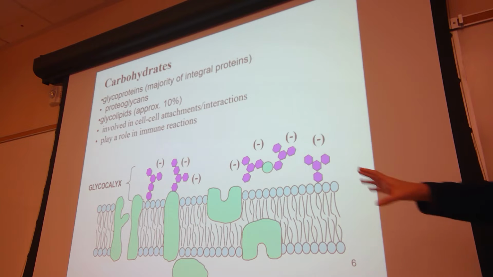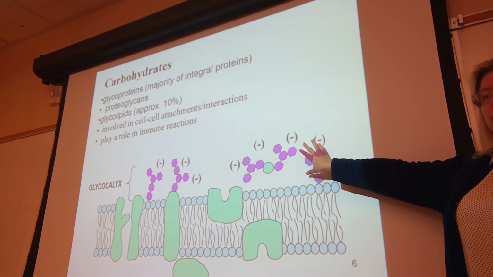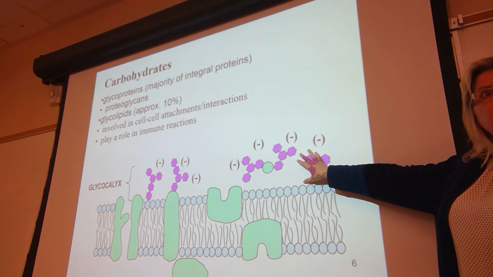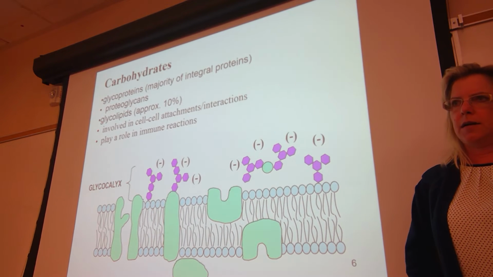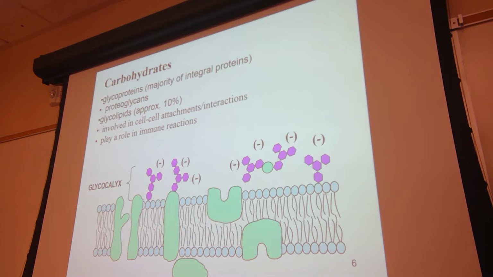So don't let this mislead you. Yes, the glycocalyx is slightly negative, but it's not as negative as the inside of the cell. I will tell you more about that in the coming days, but not today, my young Padawan learners. It takes time to develop this concept.